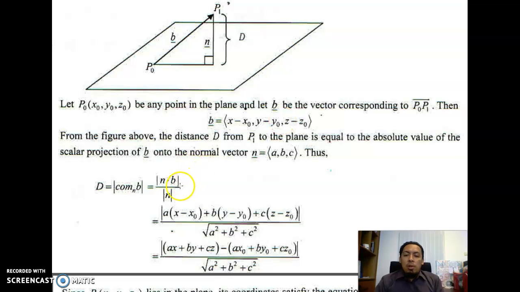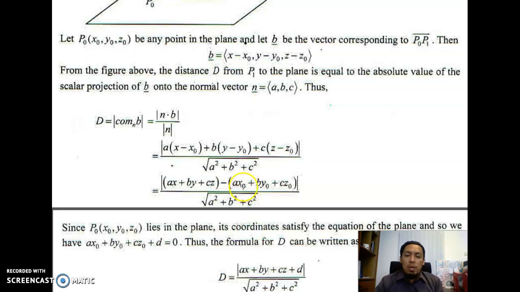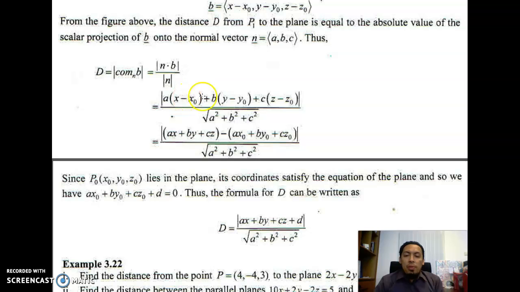To get the dot product, we multiply every component: A times X minus X0, plus B times Y minus Y0, plus C times Z minus Z0. So you will have this. As for the length of N, we just use the formula of length here, expand it, and we get this.